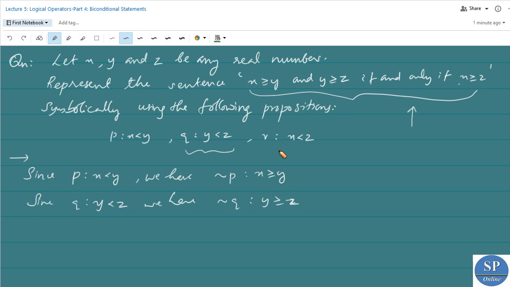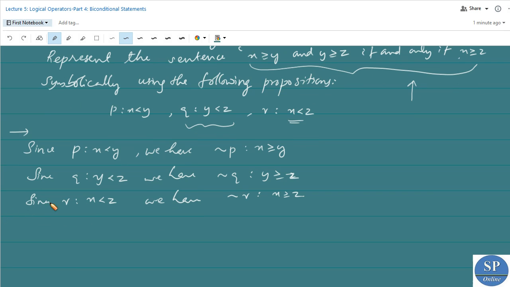Here we have x less than z is R. So in a similar way, since the proposition R is x less than z, negation R is nothing but x greater than or equal to z. So we have obtained x greater than or equal to y, y greater than or equal to z, and x greater than or equal to z.